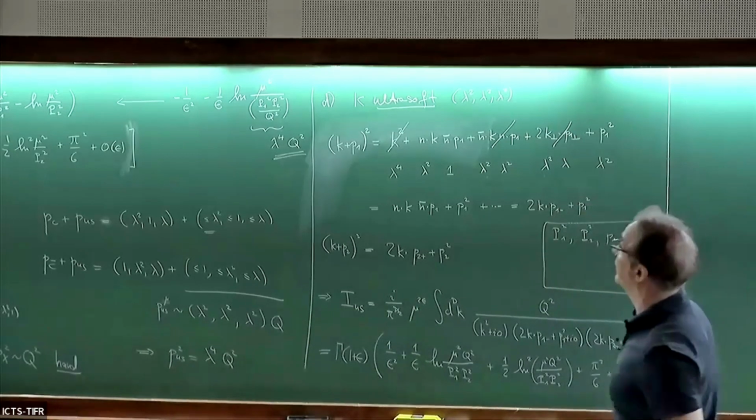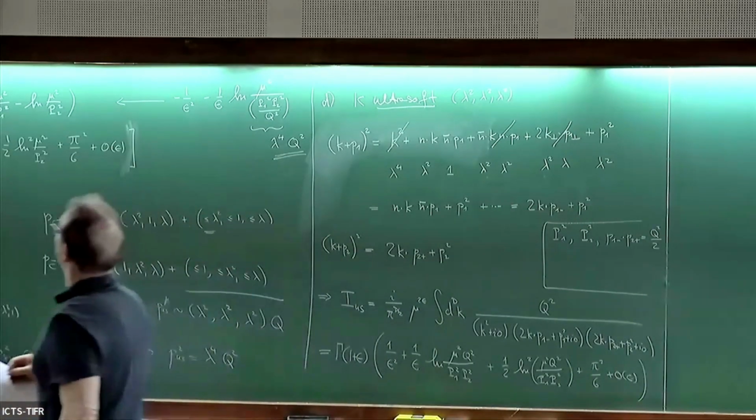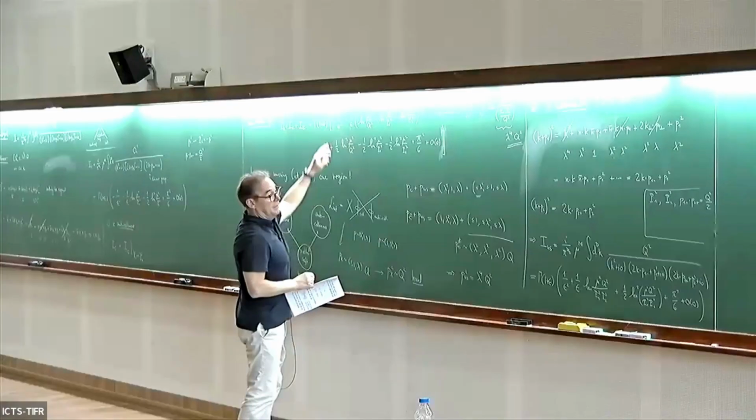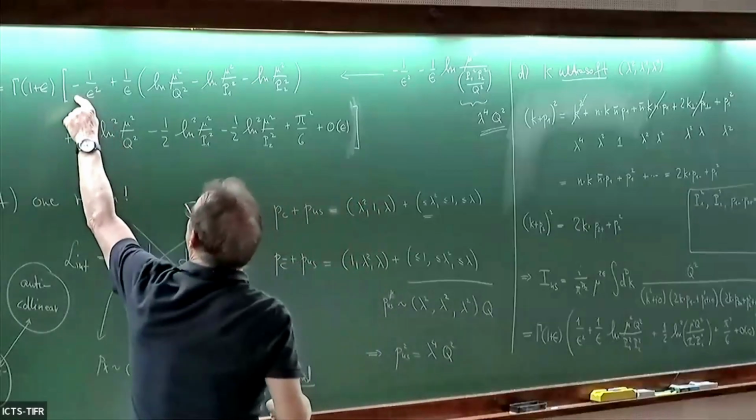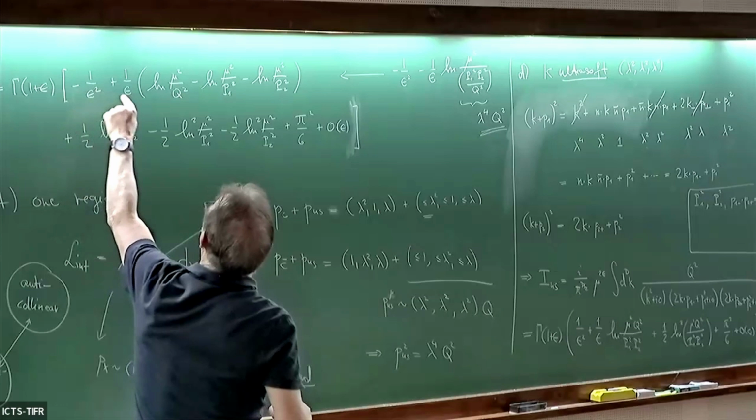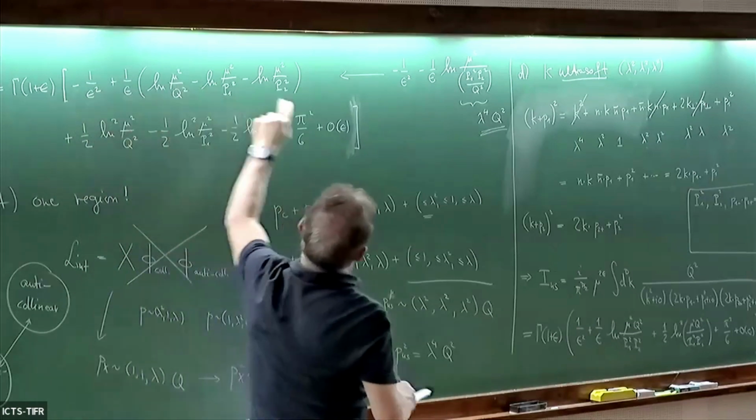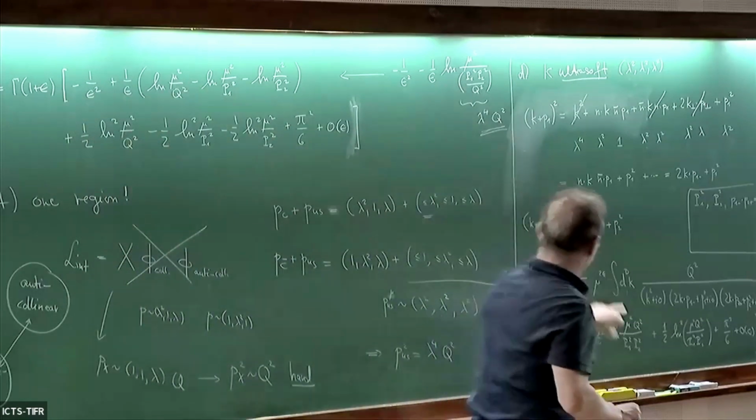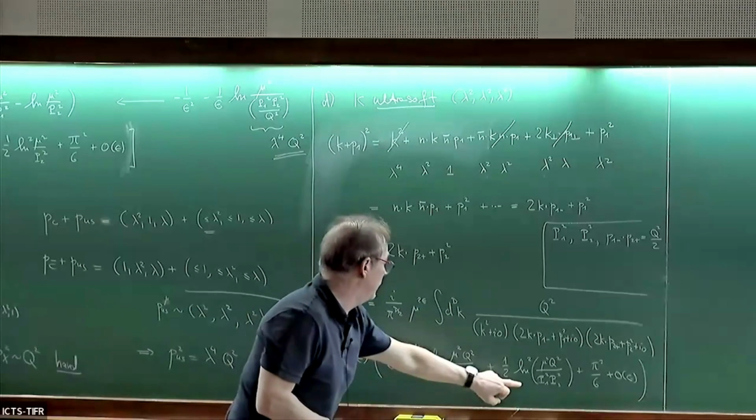And now if you add this here, you see that the miracle happens. You see that the epsilon pole squared cancels. You see that the single pole cancels, because we indeed get exactly this combination that we need.